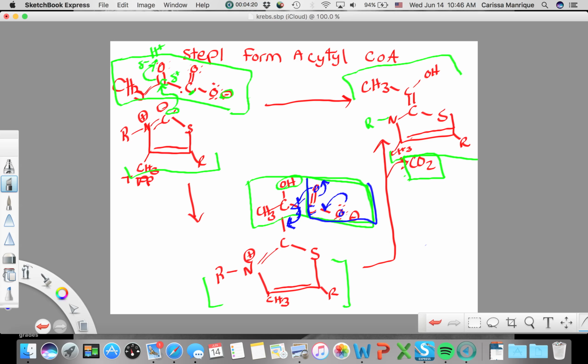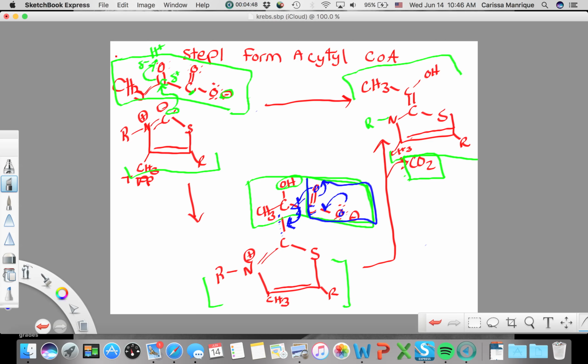It's the leaving group, okay? And since this leaves, now we just have CH3 and OH here, and the double bond. You see, this bond is moving between carbon and carbon, put a dotted line there, making a double bond here. And this is your acetyl-CoA. So this is your coenzyme here. This is the first part of breaking your food down, okay, to form this structure here.